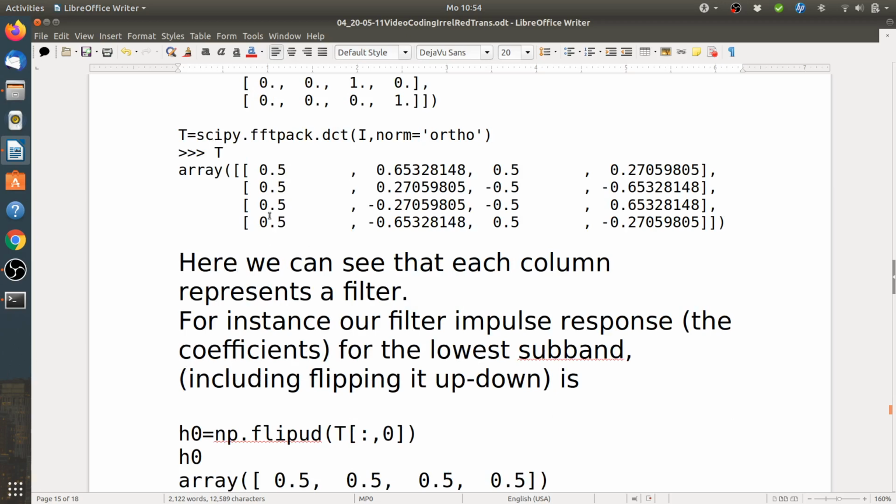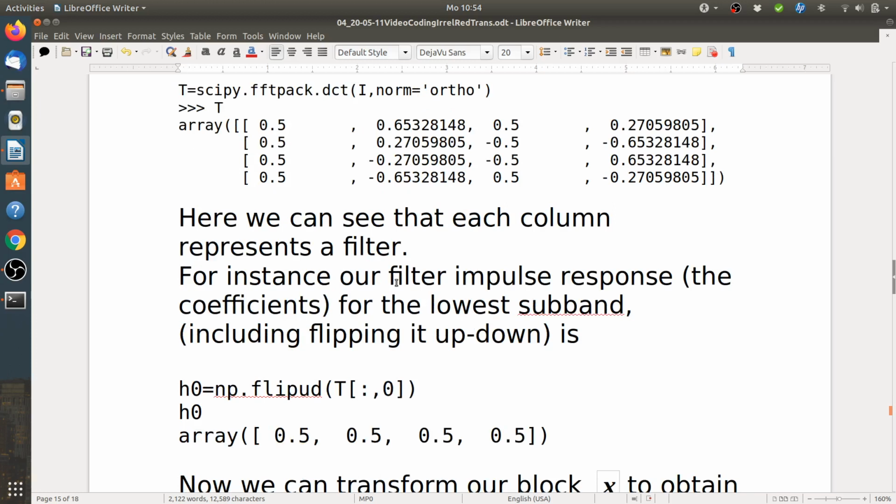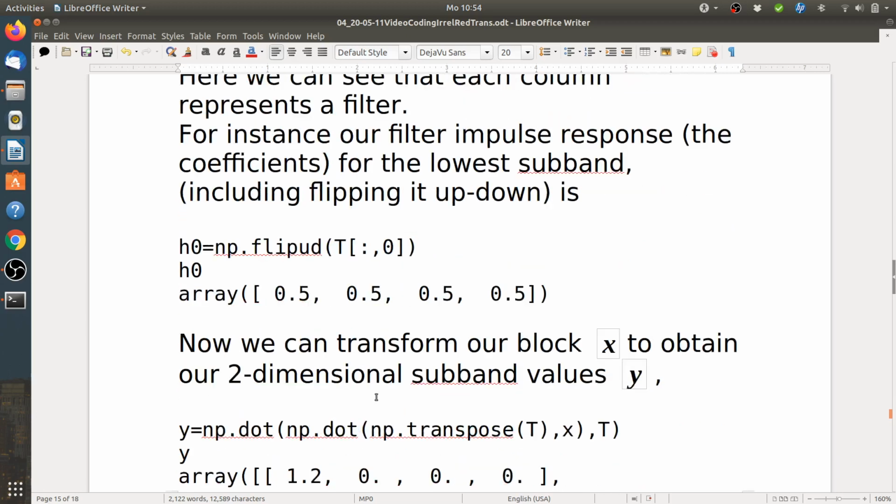Here's the first filter, second filter, and so on. For instance, our filter impulse response, the coefficients of the lowest subband, including flipping, is this. We can take this flip up down of the first column, number 0, and since it's all the same, the flipping doesn't really matter here. So it's all 0.5.